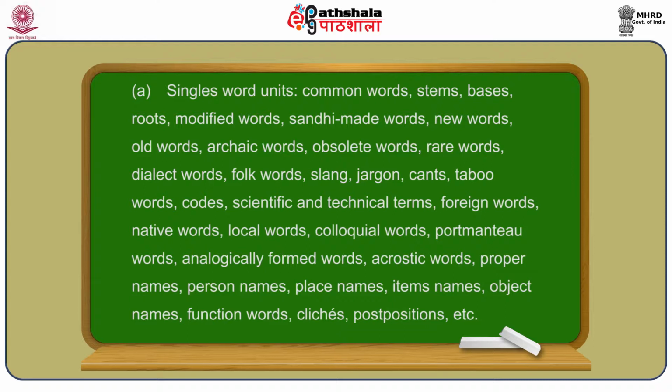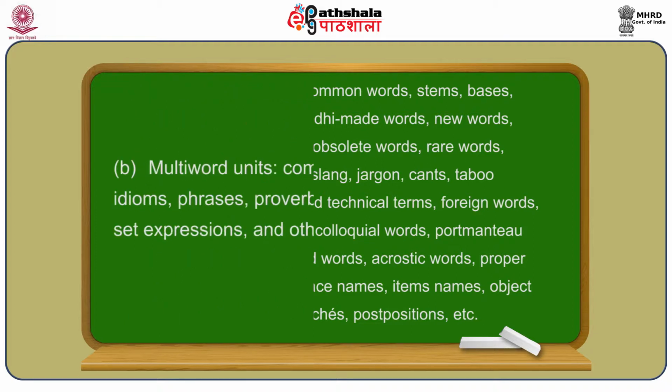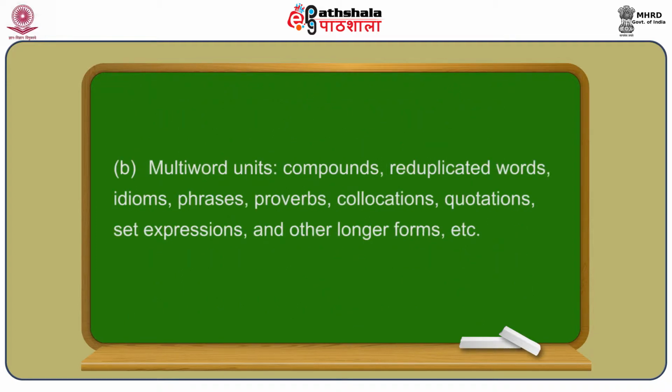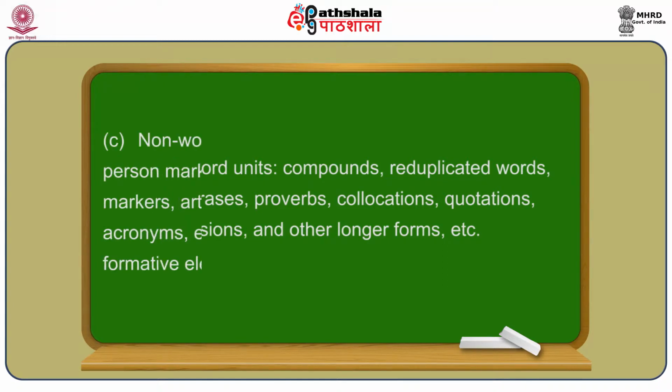They can be completely treated as single words and be entitled to enter into the list. The multi-word units like compounds, reduplicated words, idioms, phrases, proverbs, collocations, quotations, set expressions are also entitled to be included into the list.